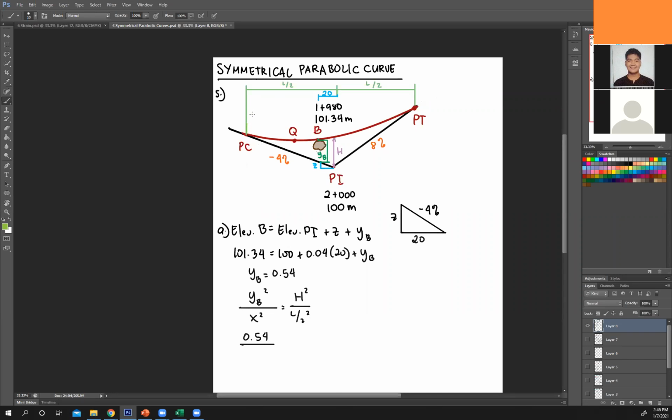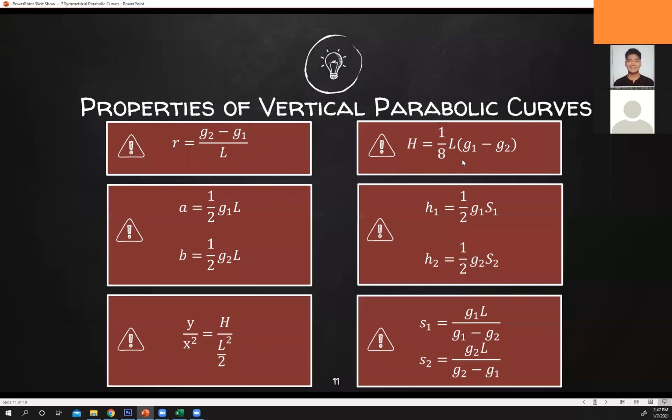Okay, so now it's easier to see. And from PC to B, it's just L over 2 minus 20, right? So X is just L over 2 minus 20 squared equals H over L over 2 squared. Now my problem is I don't know H, but we do have an equation for H in terms of L, which is just 1/8 L times G1 minus G2.